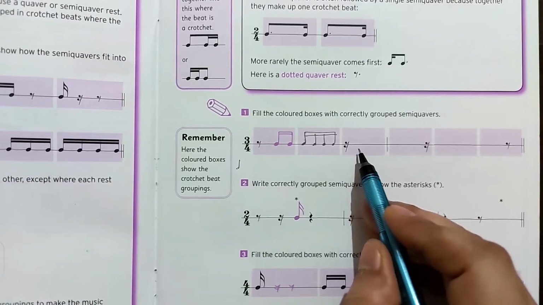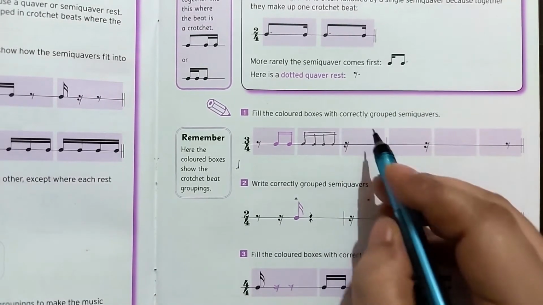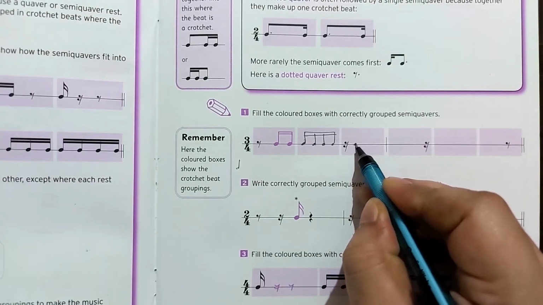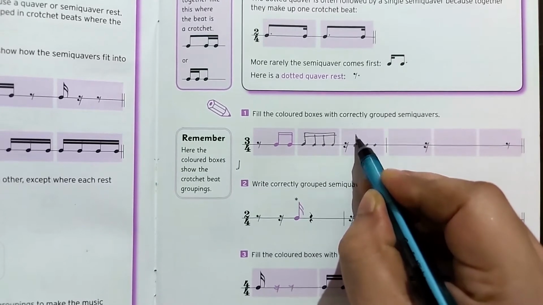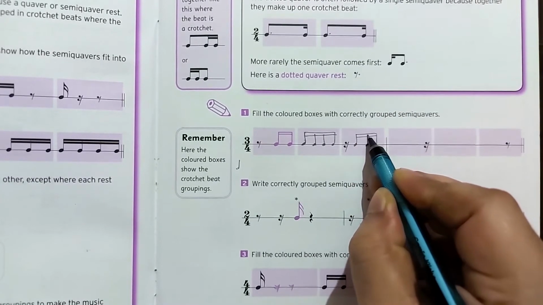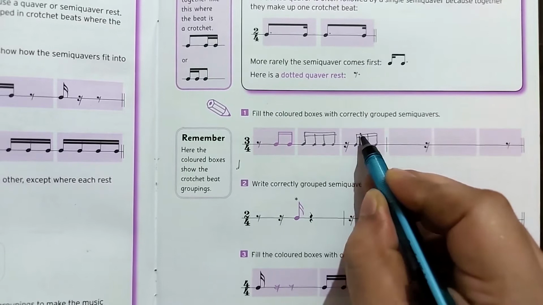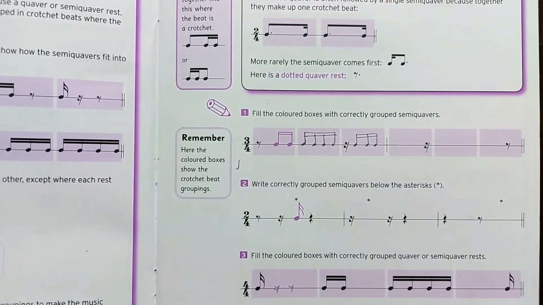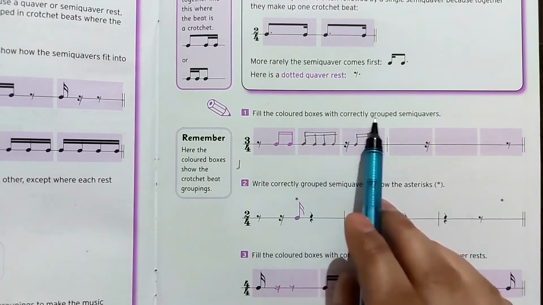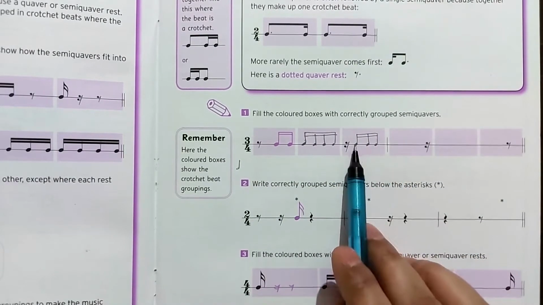If we complete a crotchet box, you can use 3 semi-quavers. This will complete because this and this make half, and then this makes half, then both make one crotchet beat. We have to do it in a grouped way, grouped together. That's why I'm putting them in a group.